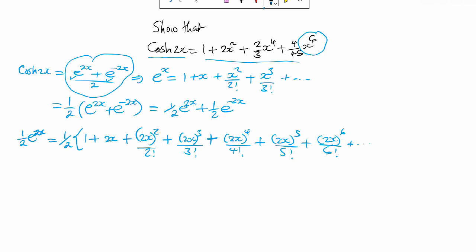We can simplify this one further by multiplying everything inside by a half, because a half is outside.